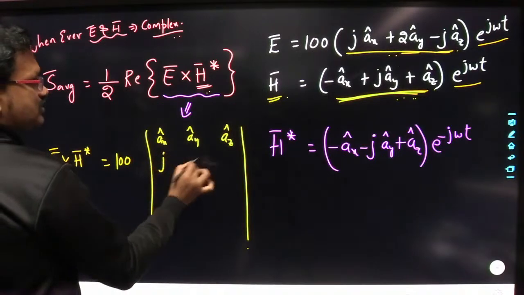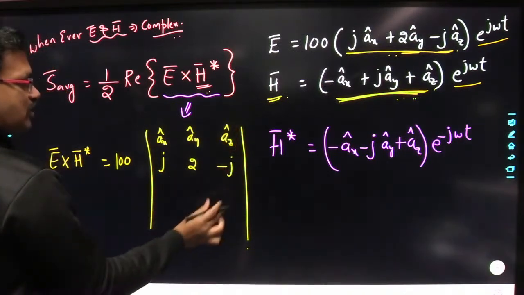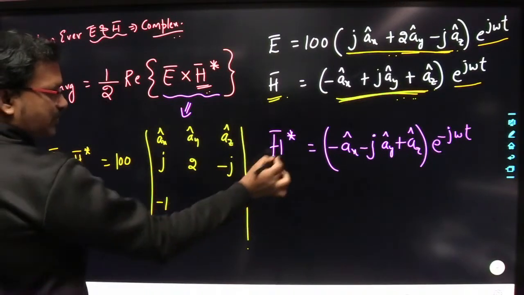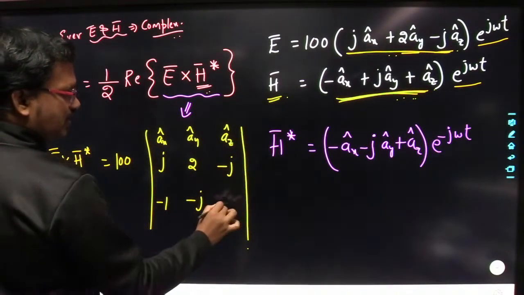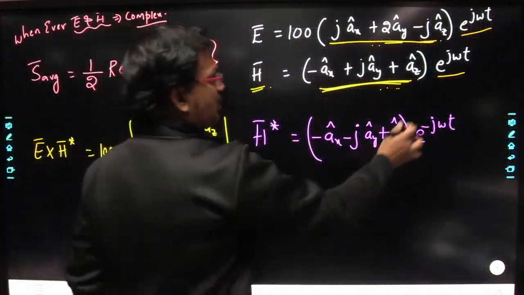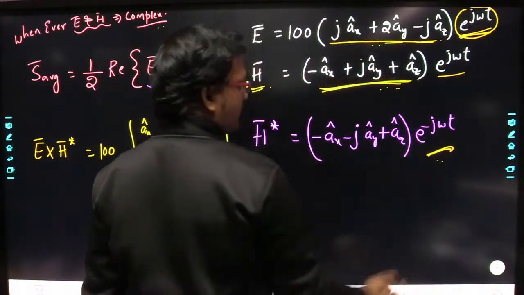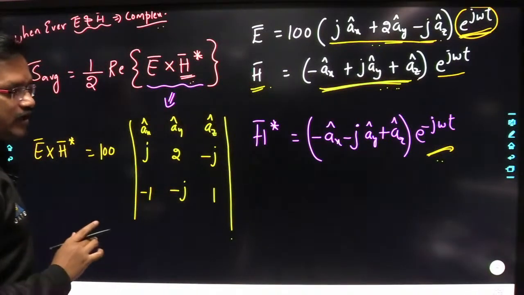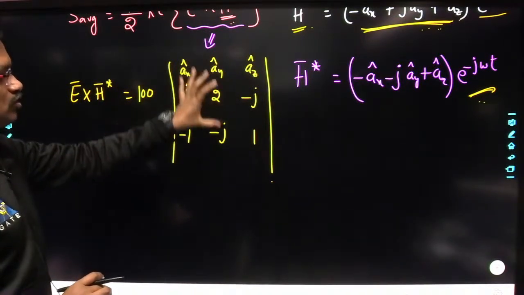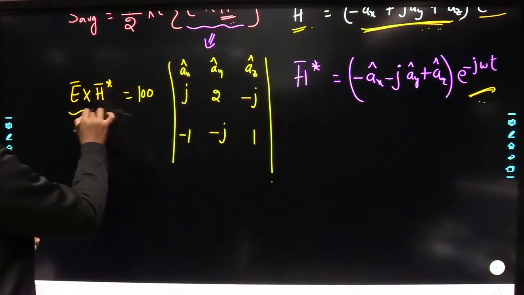Here you are having j, 2, and minus j, and for H conjugate, you have minus 1, minus j, and plus 1. And if you multiply e power j omega t with e power minus j omega t, you are going to get 1. So finally E bar cross H bar conjugate is equal to 100 into this determinant, and if you expand this one, you are going to get the value.